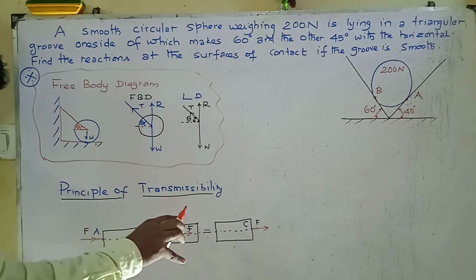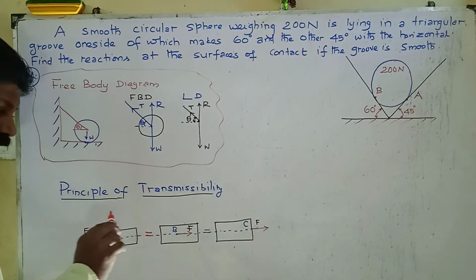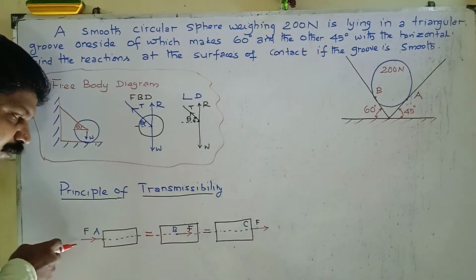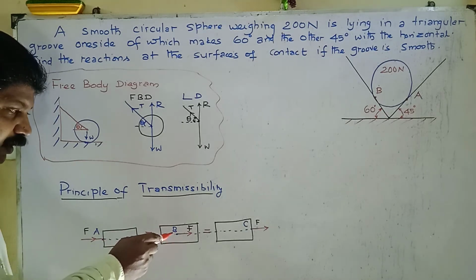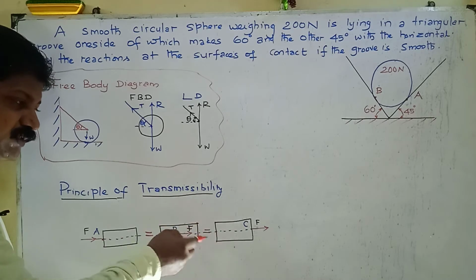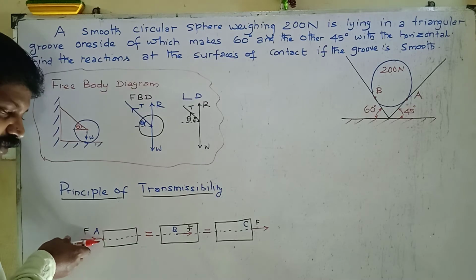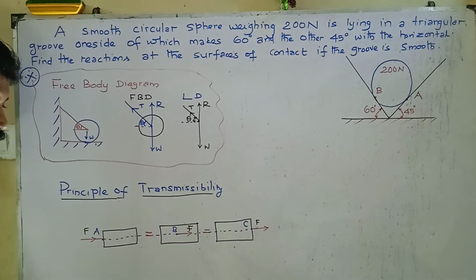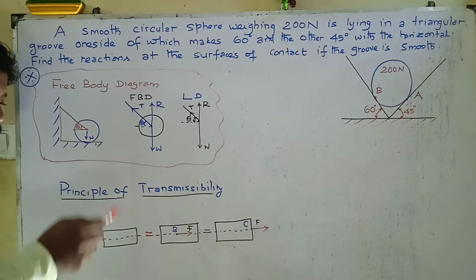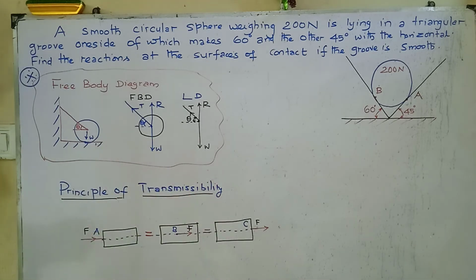The object is the same. In the first case, the force acts at point A. In the second case, same line of action, the force F acts at point B. Third case, the same force, same object, acts at point C. In all the cases, the force F acts along the same line of action, and the external effect of the force on the body remains unchanged, equal. That is the principle of transmissibility.